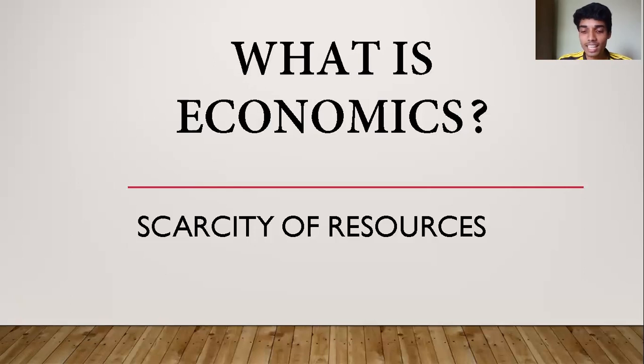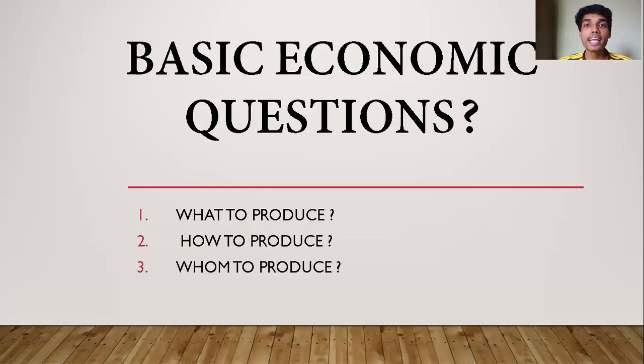The next thing we are going to learn is the basic economic questions. You should memorize these three. This is a very simple thing. The first question is what to produce. Let's take a society. If I'm a consumer, I need a pen to write.